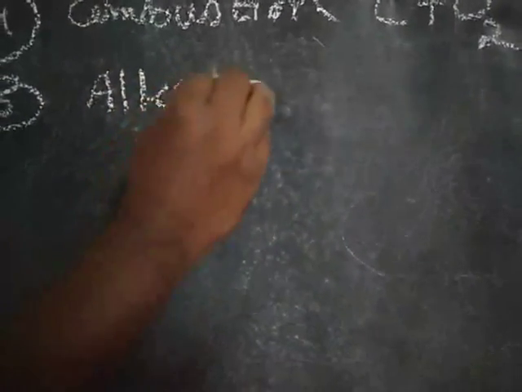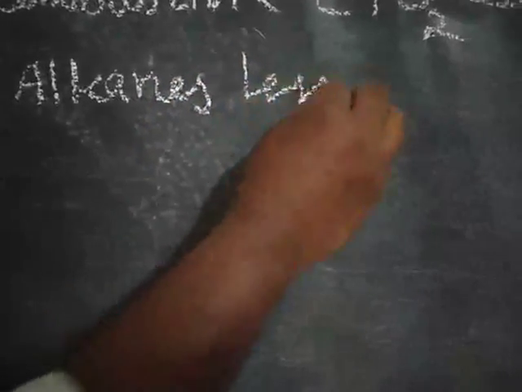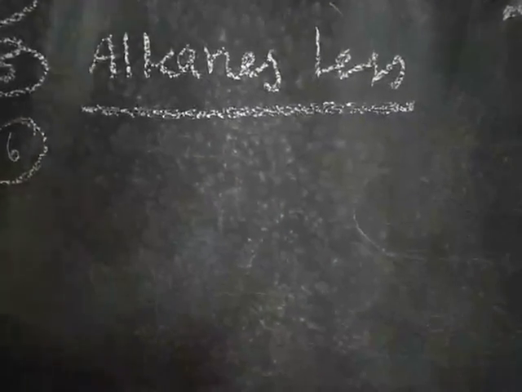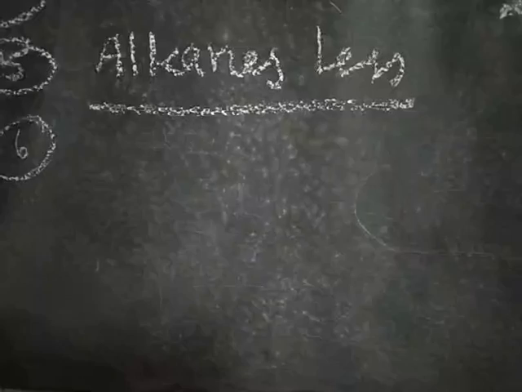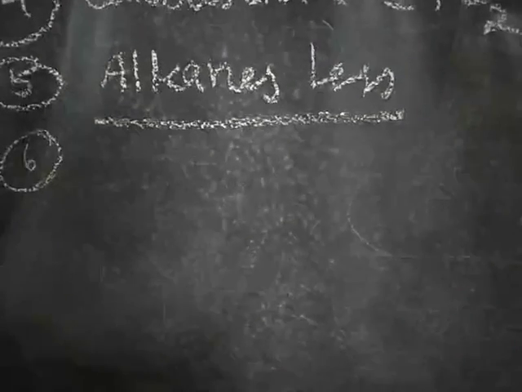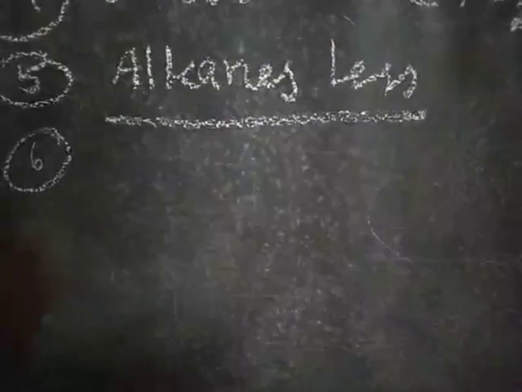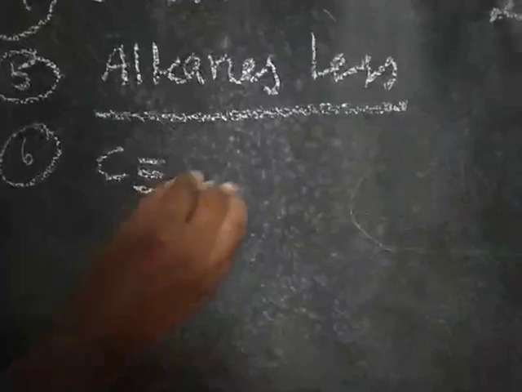Fifth point, alkanes are less reactive when compared to other classes of hydrocarbons because of the carbon-carbon bonds. Alkynes are the most reactive due to the presence of the carbon-carbon triple bond.